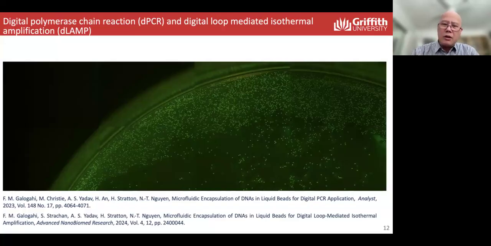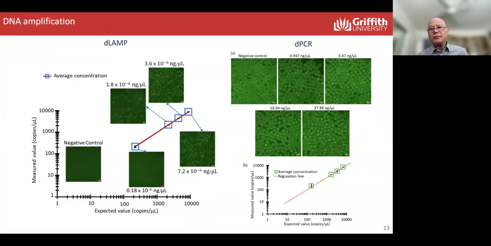So if a bit contains DNA and you run it through the amplification, the bit will light up with all the DNA amplified. Those that have no DNA will remain dark. And instead of measuring the intensity of the fluorescent signal, we just need to count the number of bits that light up.